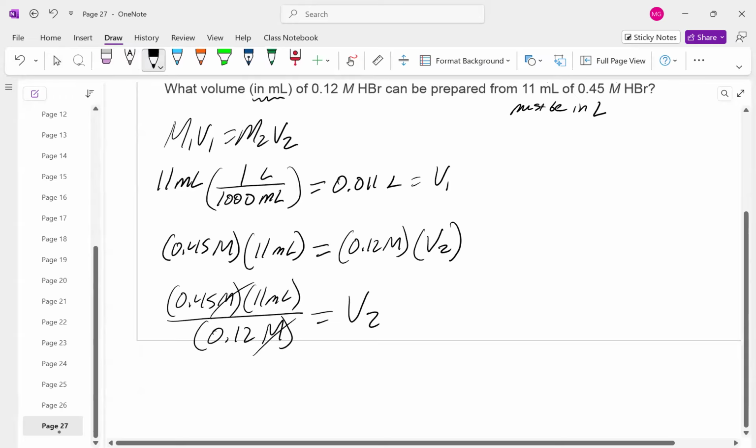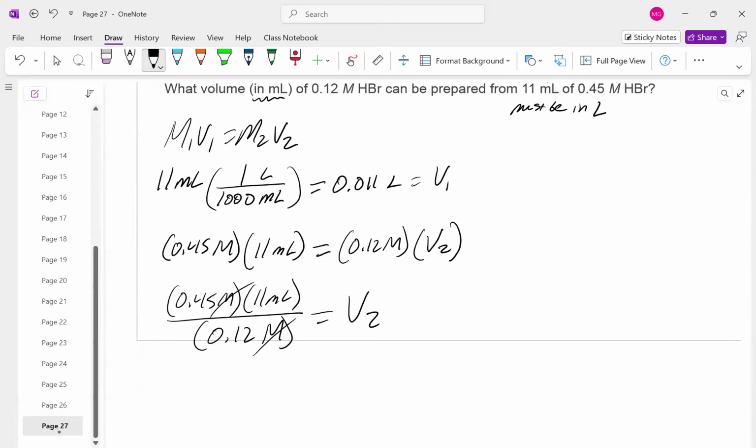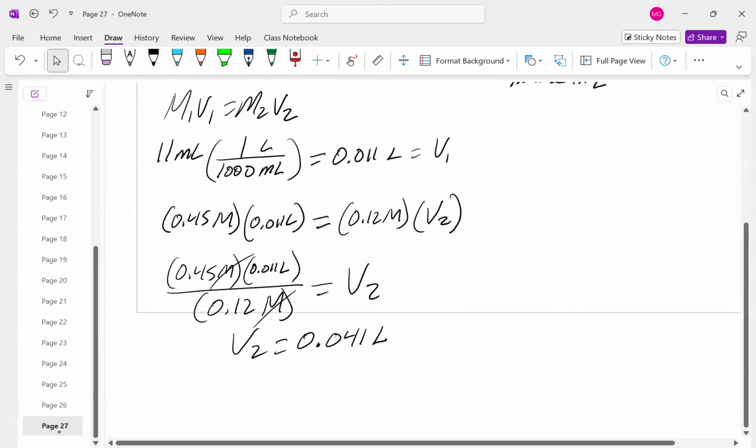And the units of molarity cancel out. Oop, I used the wrong number. 0.011 liters. And that comes out to 0.041 liters. I'm not quite done yet.